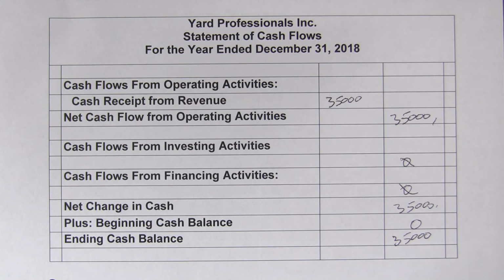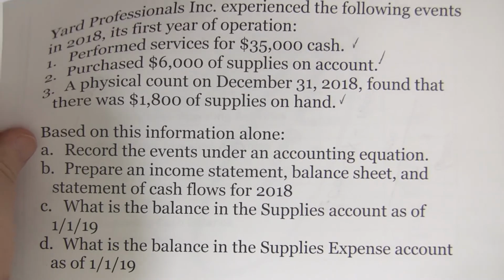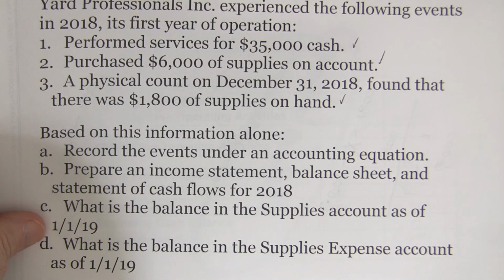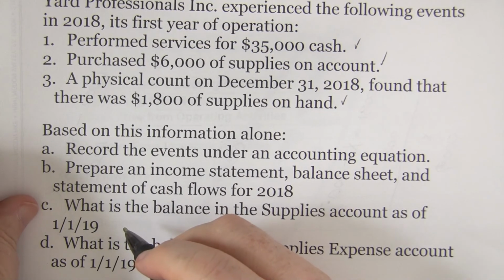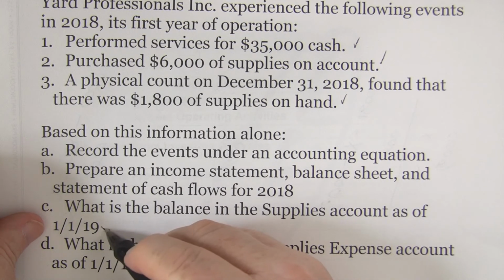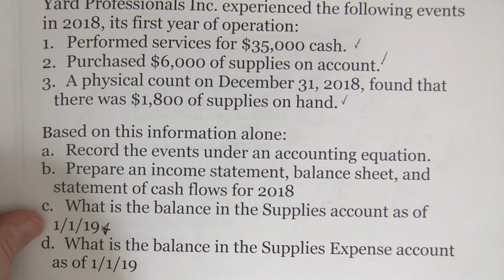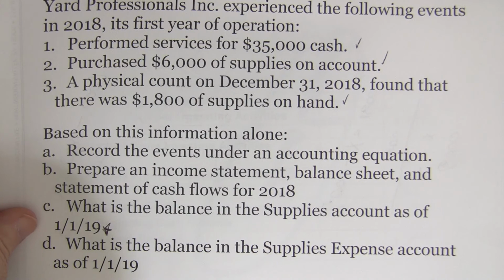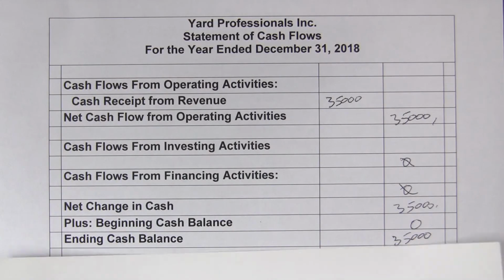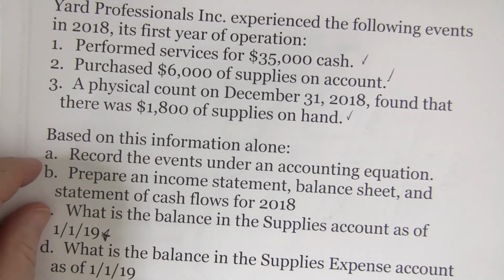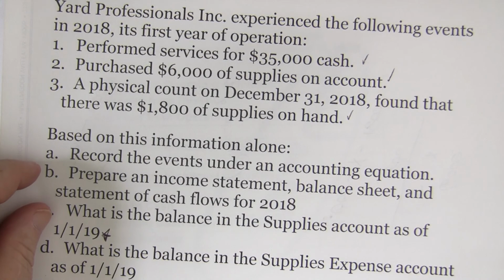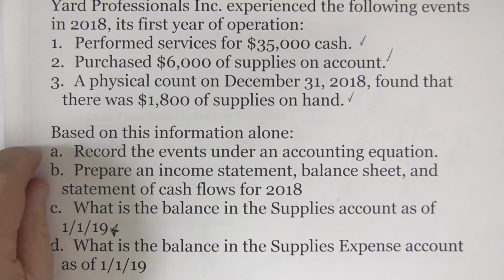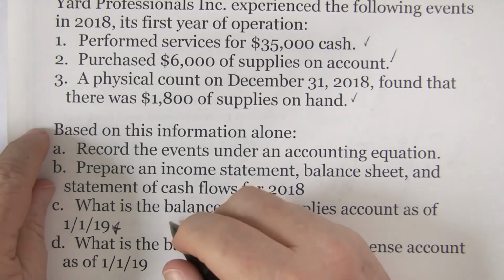Okay. Now, the next couple of questions are kind of, let's see if they can pull a gotcha on you. What is the balance of the supply account as of 1/1/19? I want you to think about that. But think about this, 1/1/19, isn't that the day after 12/31? And if the balance in the supplies account on 12/31 was $1,800, what do you think the balance the next day is? It's $1,800.